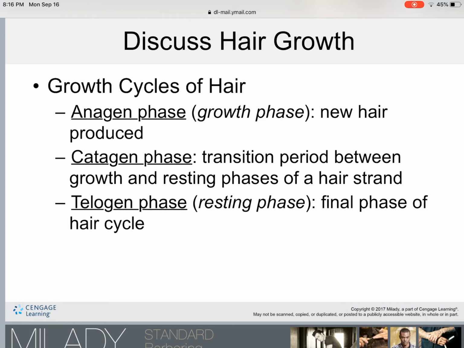This phase lasts for approximately 3 to 6 months or until the hair is shed. As soon as the telogen phase ends, new hair in the anagen phase begins the cycle again. On average, the entire growth process repeats itself once every 4 to 5 years.